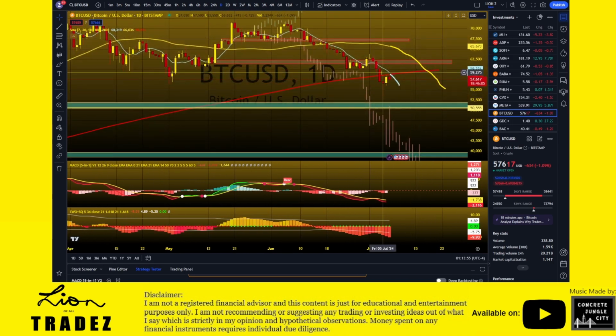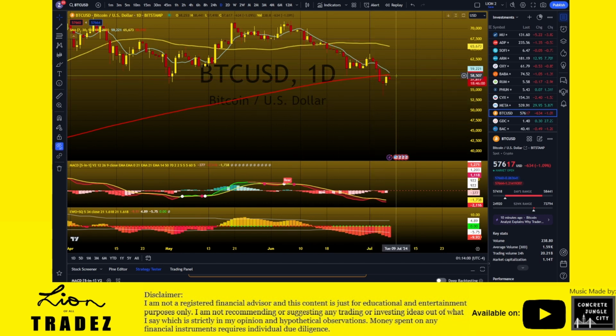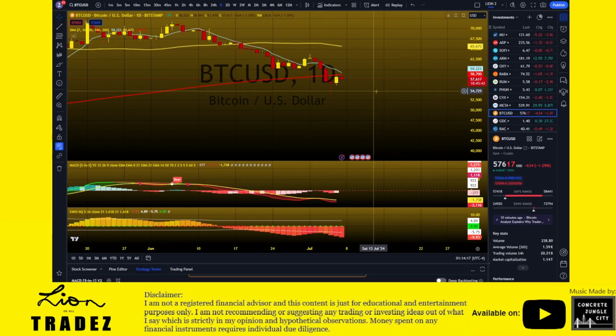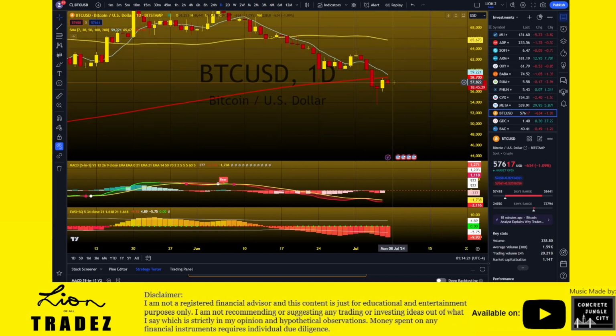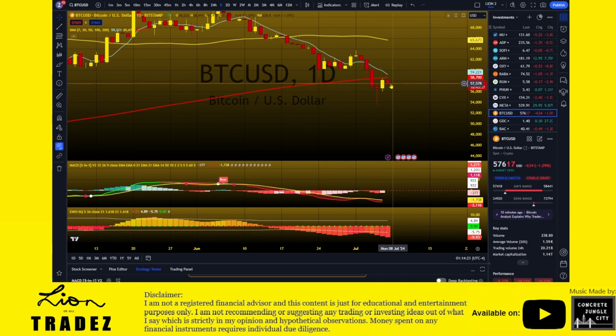And not only that, as you can see, you've got the 7-day simple moving average just about to cross under the 200-day, and the current daily candle here rejected the 200-day simple moving average, only to show us that it's trying to turn back around.